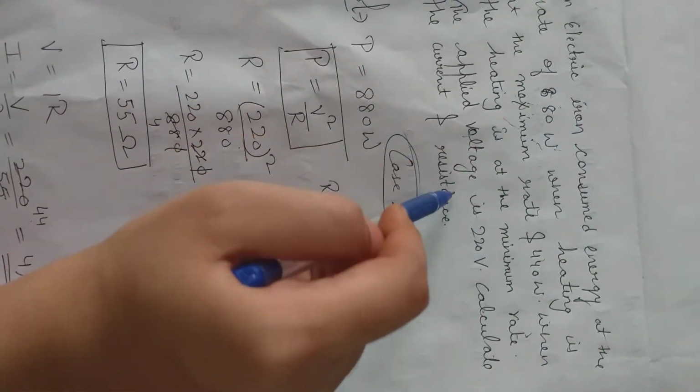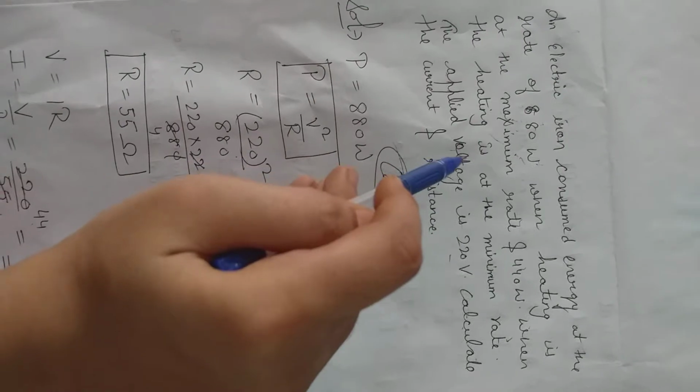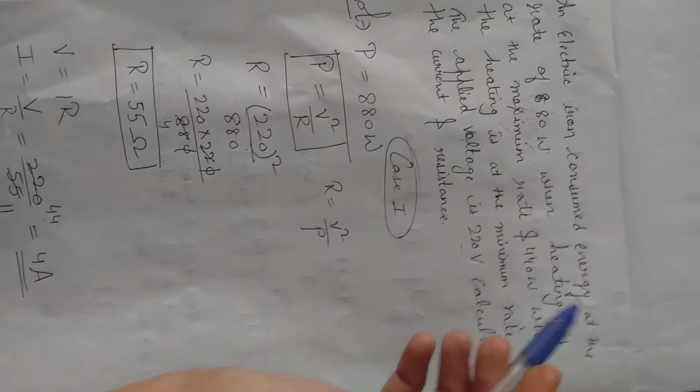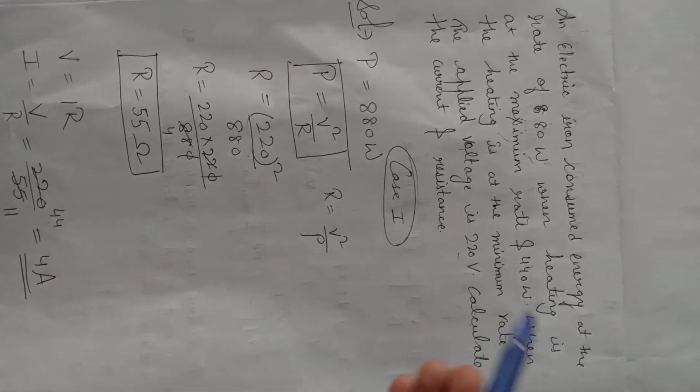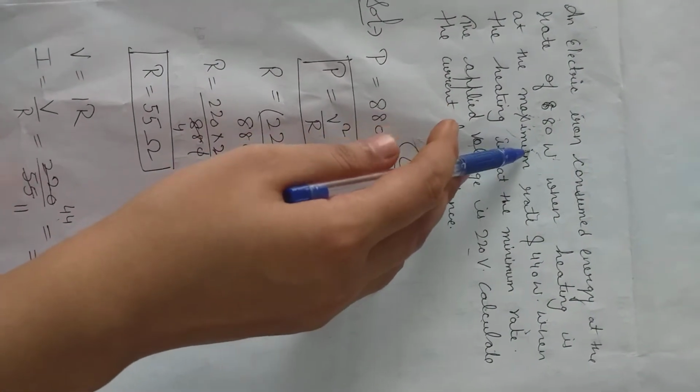The applied voltage is 220 volt. Calculate the current and resistance. Initially the heating effect is very low. After some time, when current starts flowing through it, it becomes overheated at a power of 880 watt.